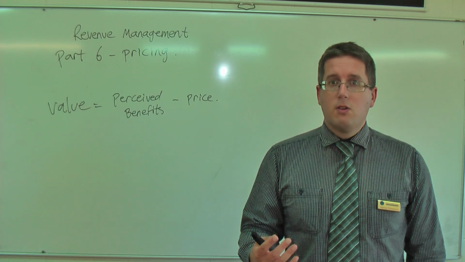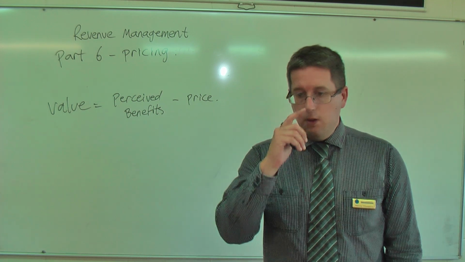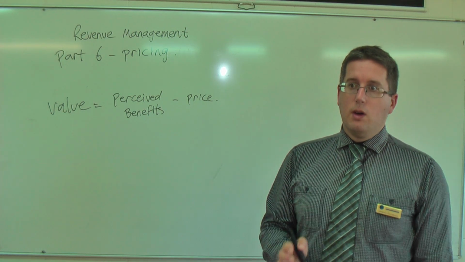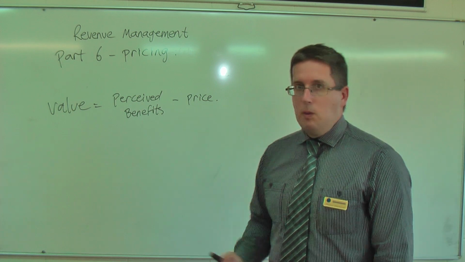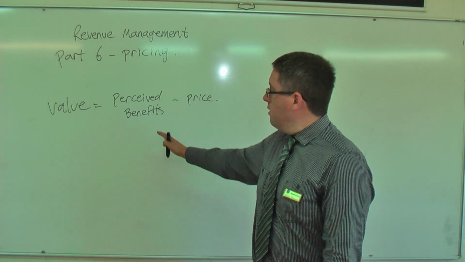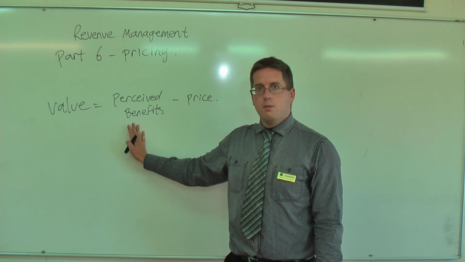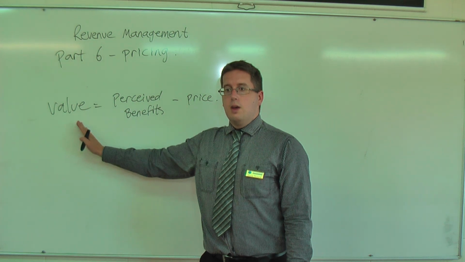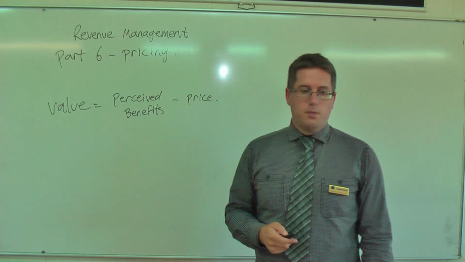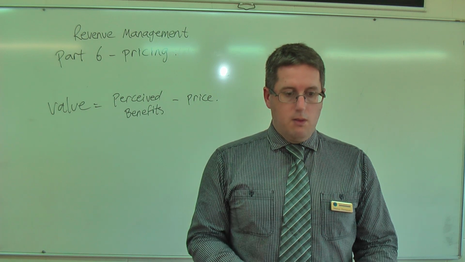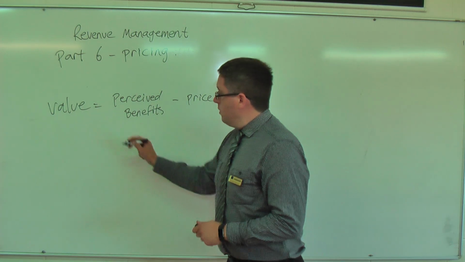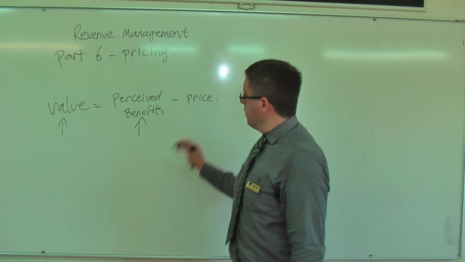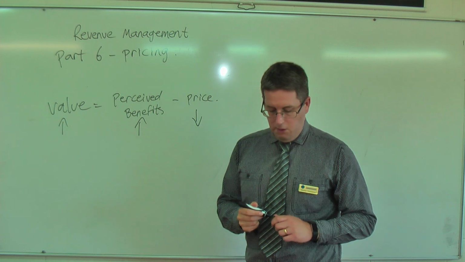So what extra things could you do to increase the perceived benefits? It might be throwing in freebies, an extra, a discount voucher, or maybe a combination package. All of these increase the benefits so that when they pay the price, they see value and they purchase. So in class, we talk about how, if we want value to go up, you can either increase the benefit or decrease the price.